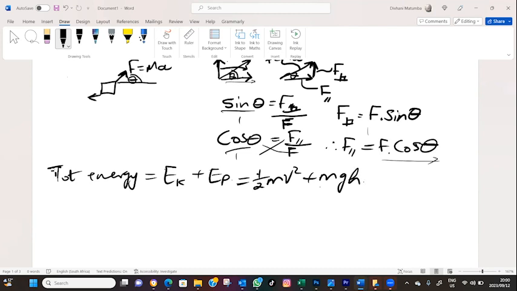Now, this is when we are talking about gravitational potential energy. As you can see, we have gravity and change in h.